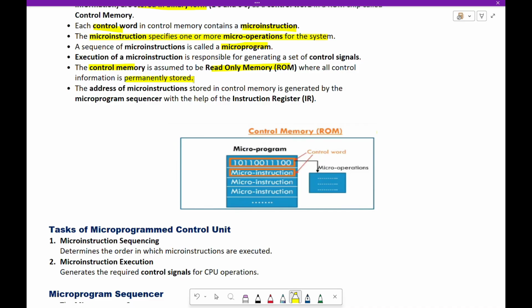The address of microinstructions stored in control memory is generated by the microsequencer with the help of the instruction register, which helps to store microinstructions in the control memory.